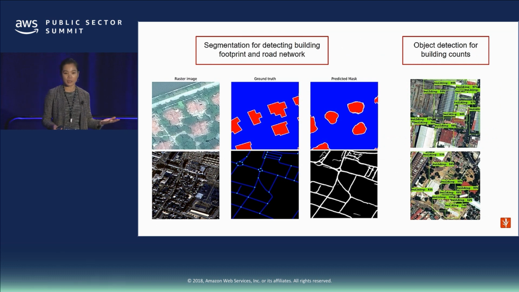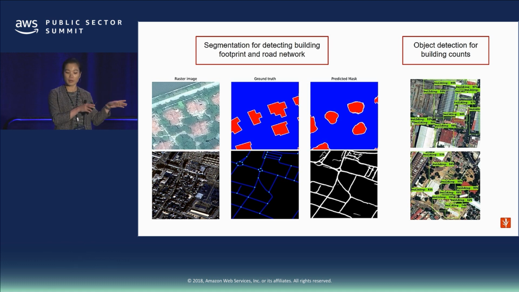At DevSeed, for segmentation, we are looking at, for example, building footprints. We have a satellite image and labeled data, and we pair them up to train the segmentation algorithm.